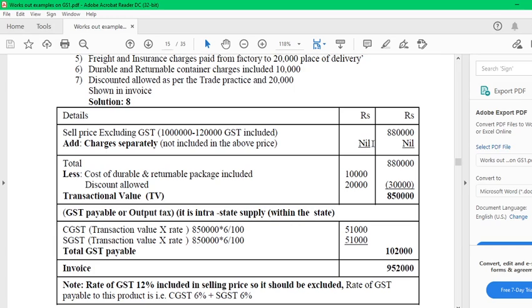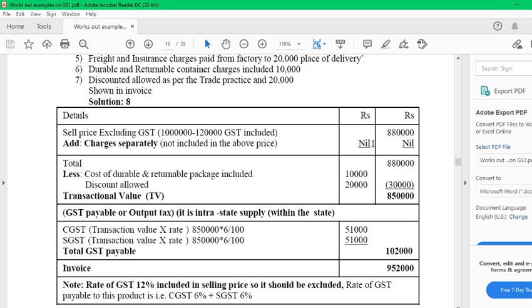Then services to missionaries is exempted. Be careful about these four transactions. However, services rendered to RBI is taxable. Very careful. If there is the word to before RBI, taxable. If the word is by, it is exempted because RBI cannot charge us any GST.